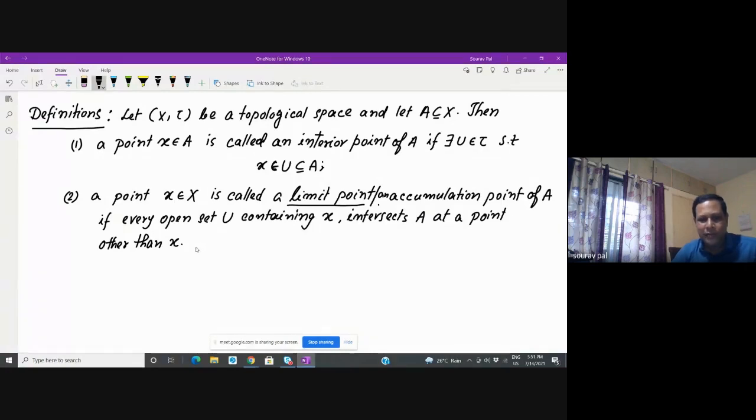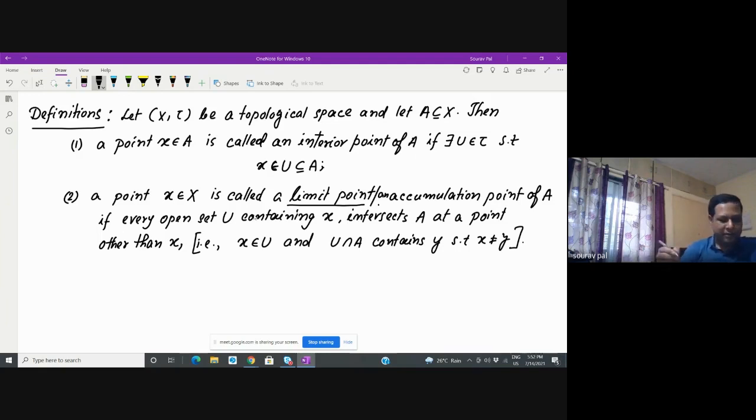So we have x belongs to U, and U intersection A contains y such that x is not equal to y. This is what we have for every open set that contains x. This is what is called a limit point.